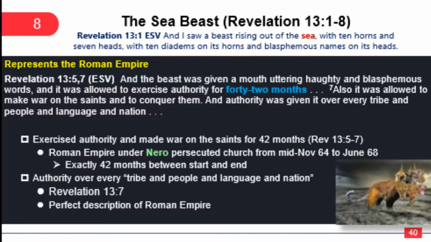There were not only Italians in the Roman Empire, there were Britons, and there were Germans, and there were North Africans, and there were Syrians, there were Hungarians, there were all kinds of people. There were Gauls. So that's a perfect description of the Roman Empire. The sea beast had authority over all these people.